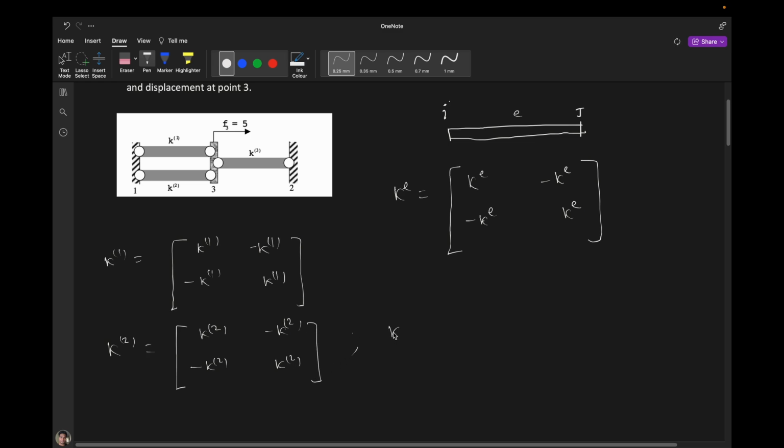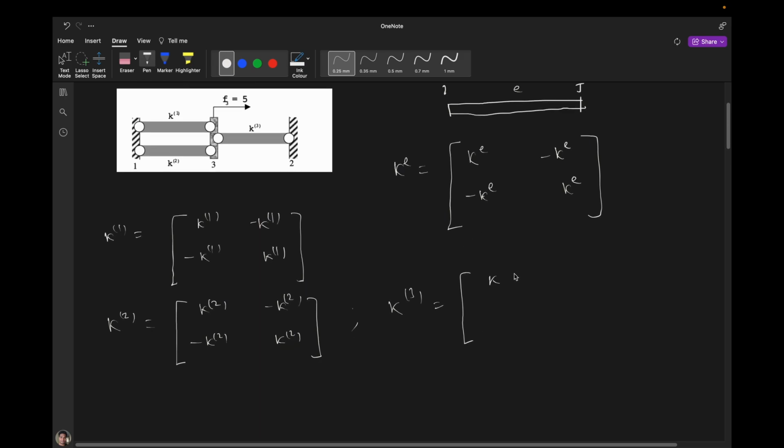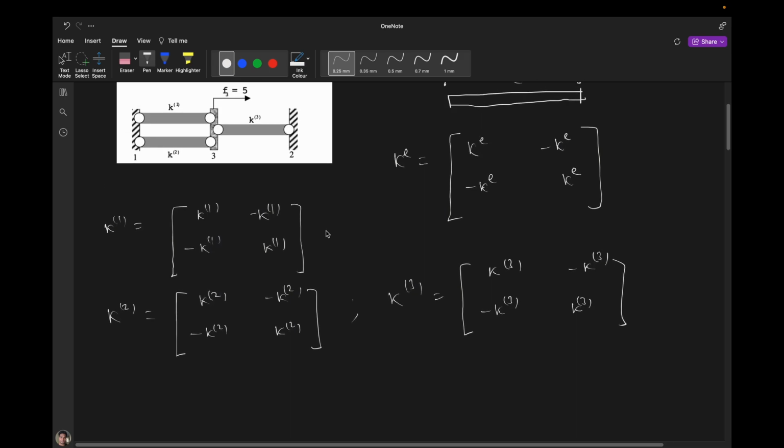Similarly for bar 3, what will be the stiffness matrix? We can write k3, minus k3, minus k3 and k3. You can see that there are three joints, 1, 2 and 3.